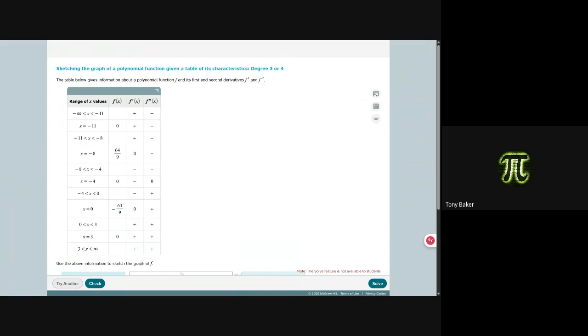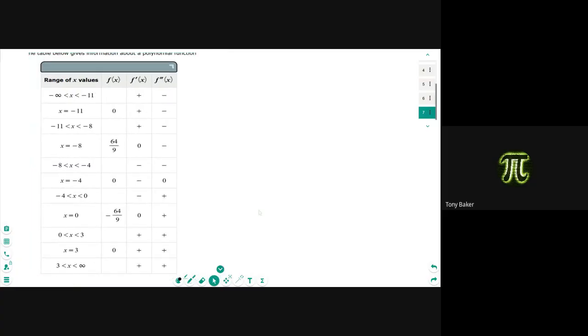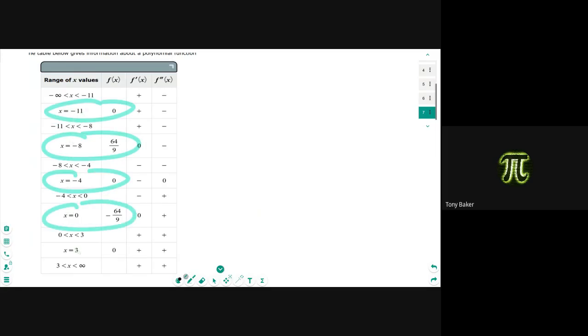These are your points. Anytime you have just an x equals and then the y in that first one, those are giving you the points you're going to graph. So in this case, I've got 5 points that I'm going to graph in this function.